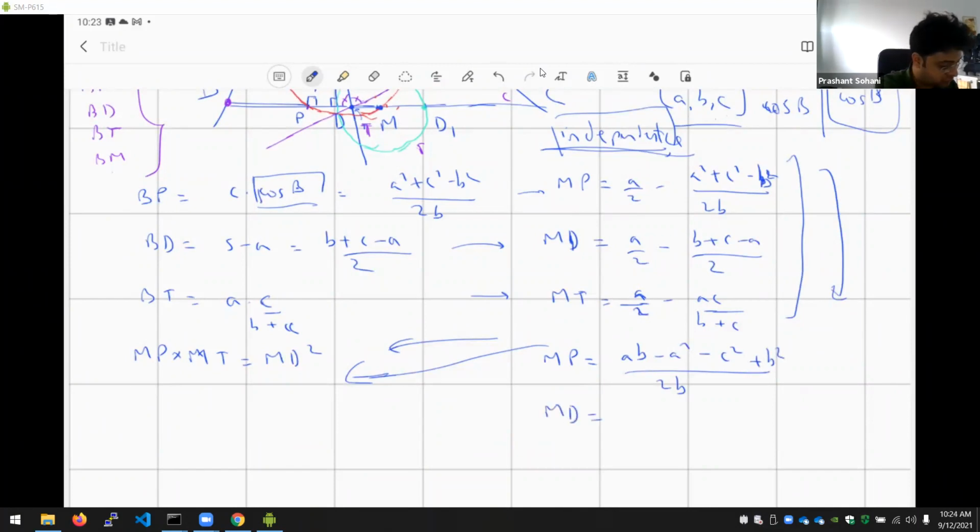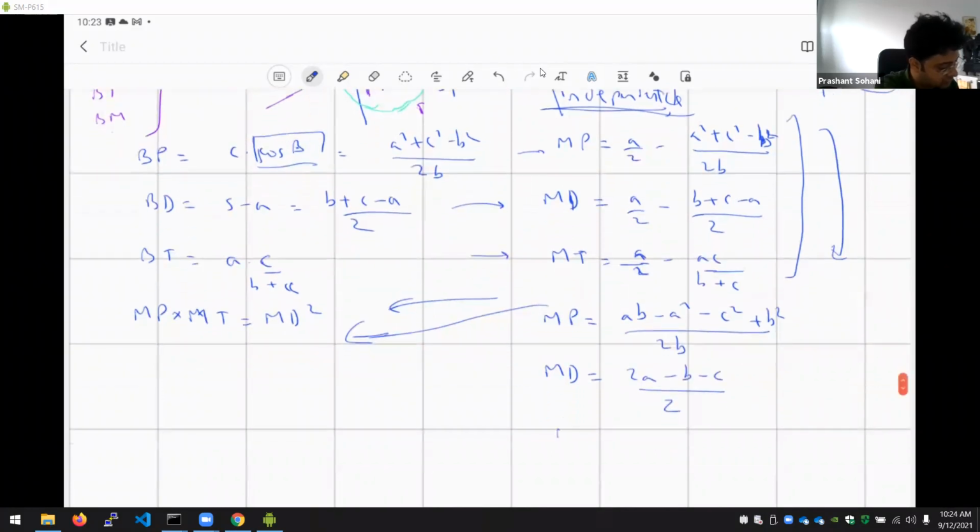MD is equal to, minus minus, so this is basically 2A minus 2 minus C by 2, and MT will be equal to 2B plus AC minus 2AC. So it will be basically equal to 2B minus AC.